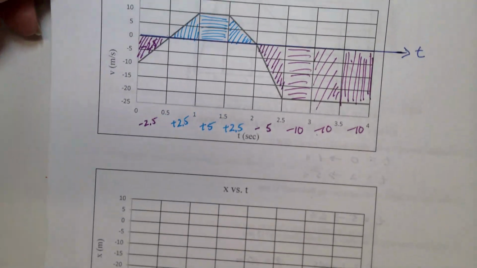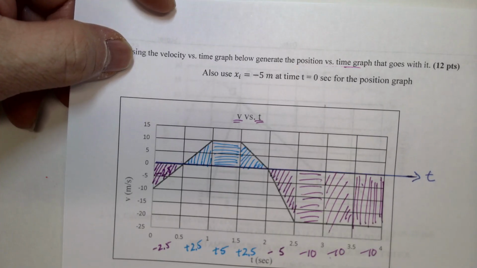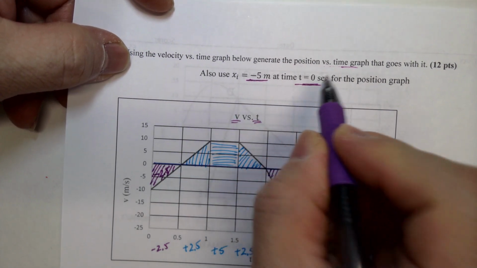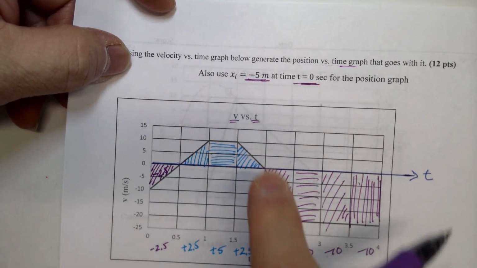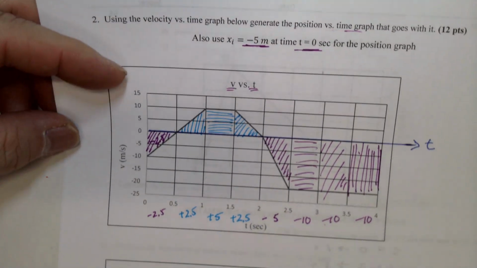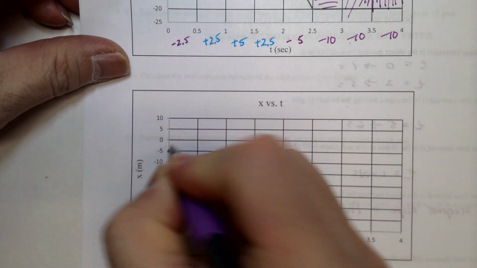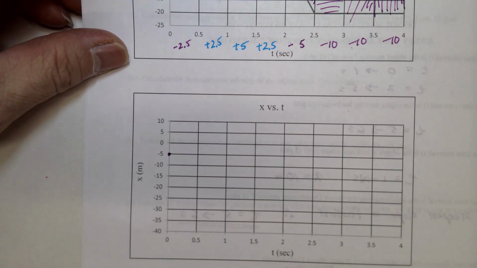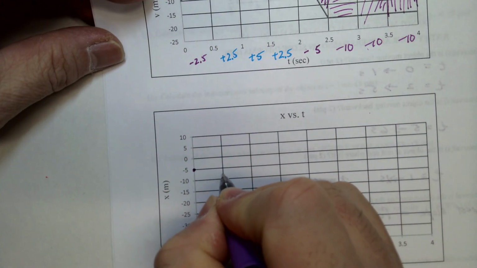So it says here, I better start at -5 meters when t is equal to 0, and this is very, very important. They give us the starting position. If they don't give us the starting position, we can start at 0. But since they give us the starting position, when t is equal to 0 seconds, it starts at -5. Then, in half a second, we go -2.5 meters, so we end up at -7.5.